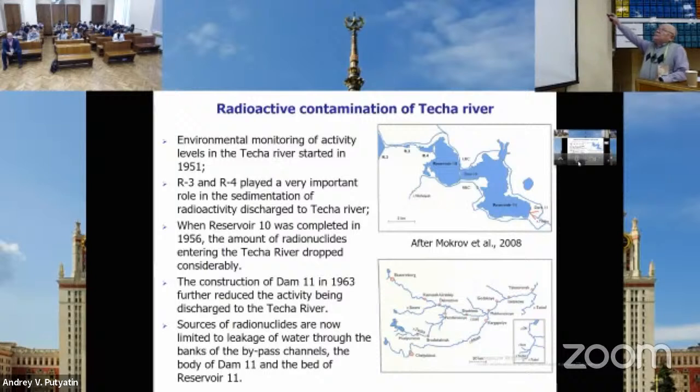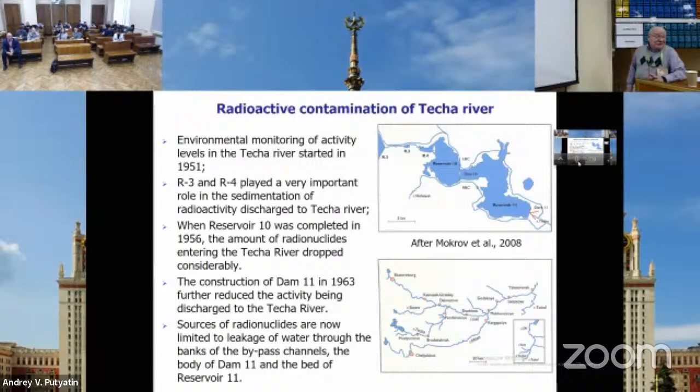So this dam was constructed to create this reservoir. And therefore, the trapping of radionuclides increased substantially after the construction of Reservoir 10. This was done in 1956.